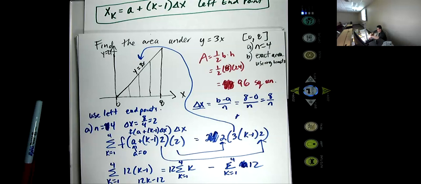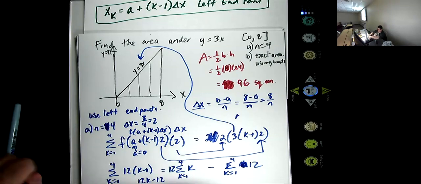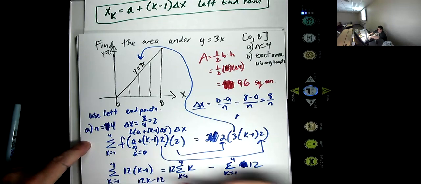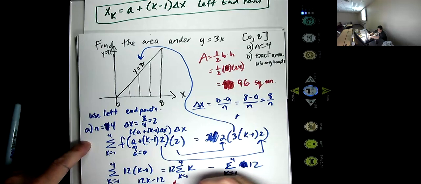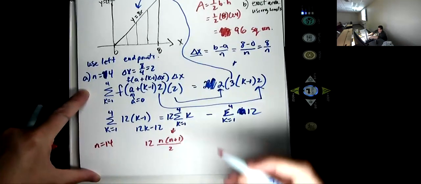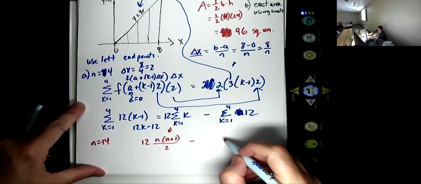So we've got n equals 4. This one is n times n plus 1 over 2. It's off screen. And this one is 12 times n.